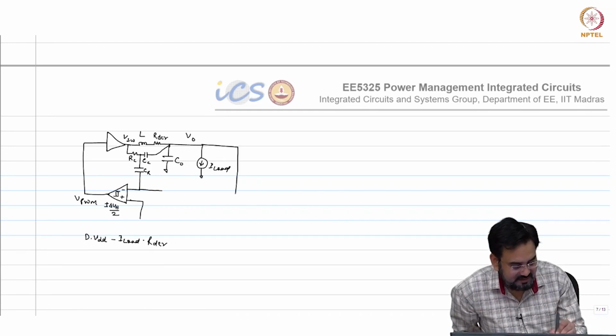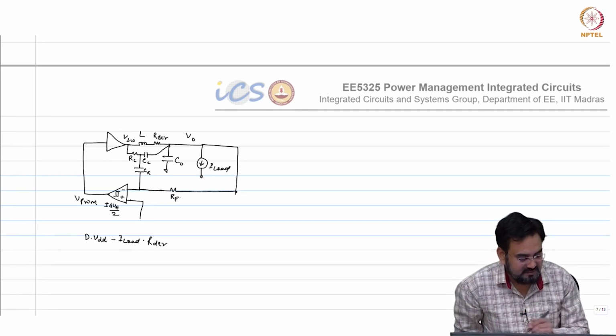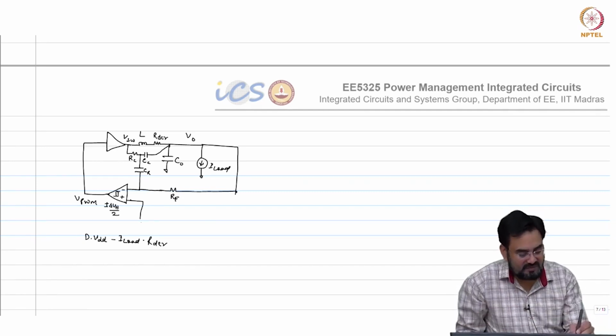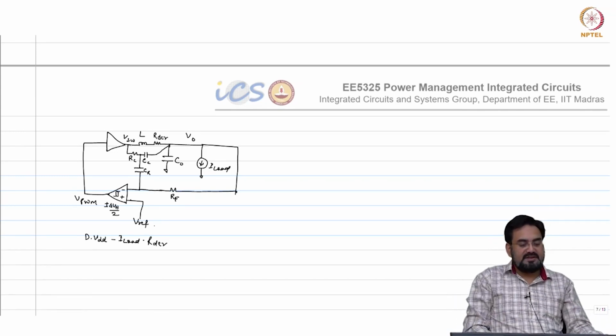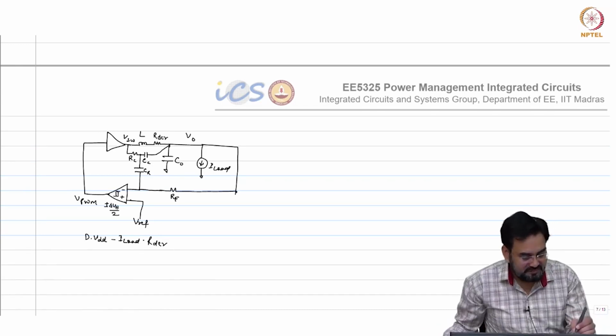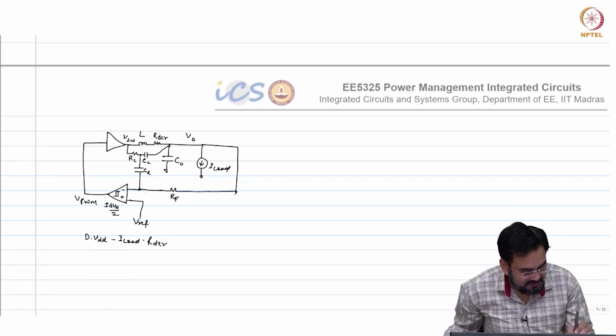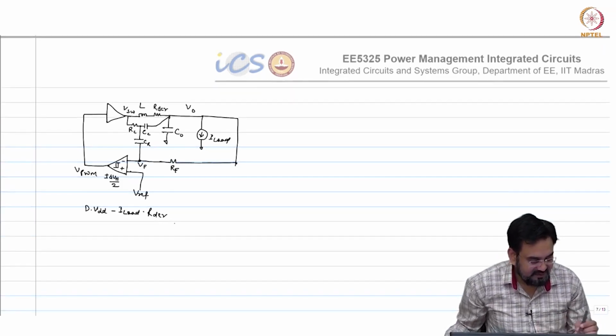Take this, add a resistor, let us call it RF. Now this will go back to Vref. Let us call it Vf.